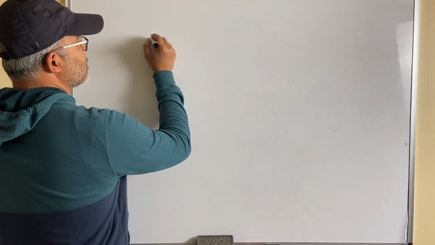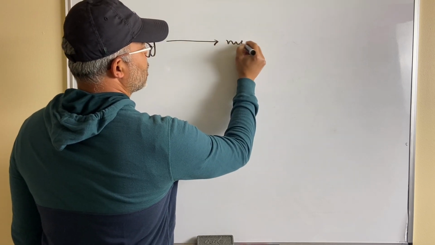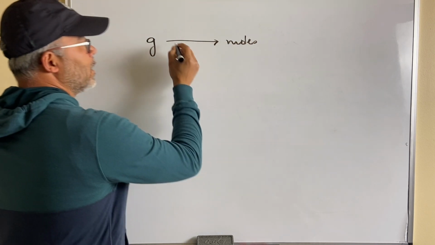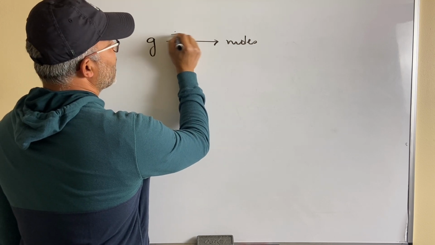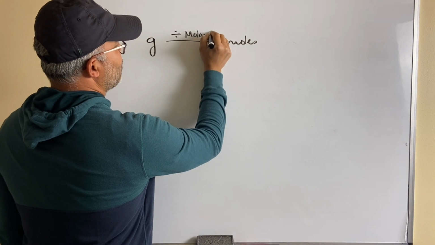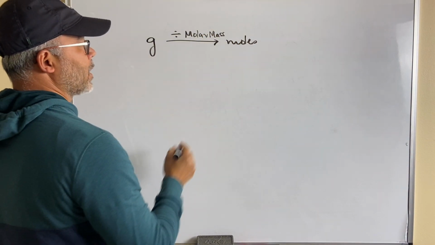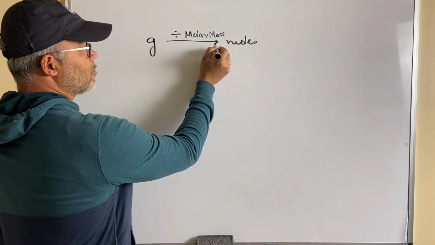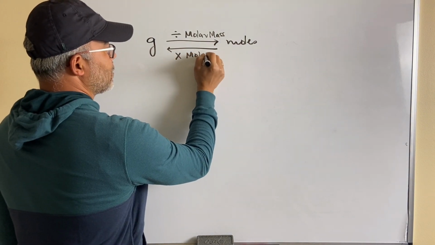When you have grams of something, if you want to convert to moles, you have to divide by the molar mass of whatever species you're trying to convert. Conversely, if you're trying to go from moles back to grams, then you have to multiply by the molar mass.